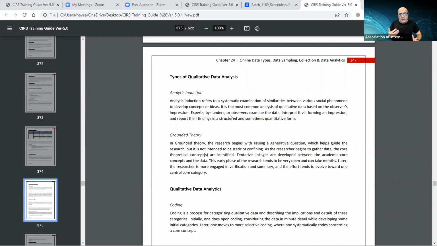And then there is another one that we call grounded theory. Grounded theory means that it is kind of an open-ended scenario where you would like to start with a main question or a main idea about a situation. It could be a social setting of some sort, anything for which you would have to start with an idea, and then you can build on top of it.